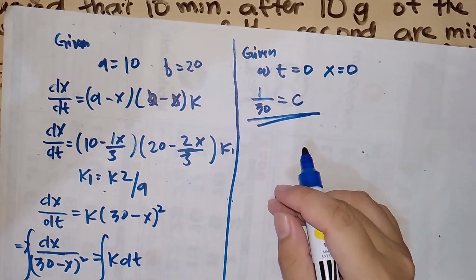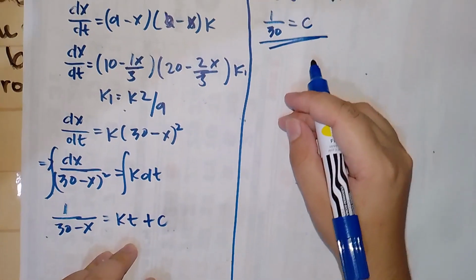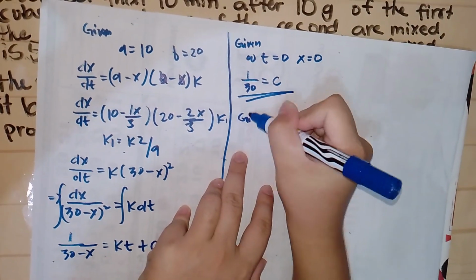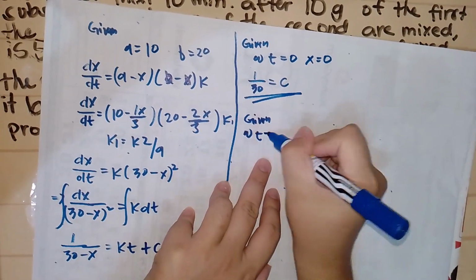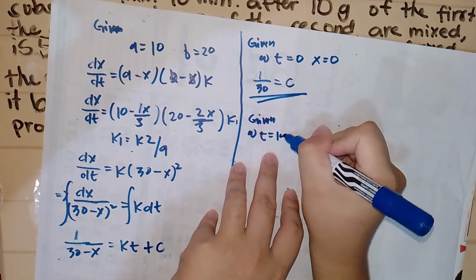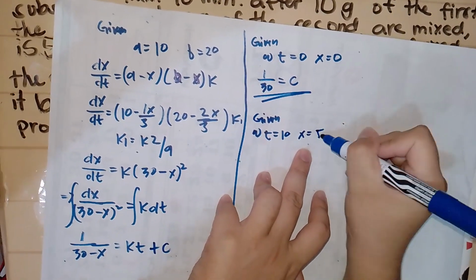Next, we have to get the value of k, given that at time t equal to 10 minutes, the value of x is 5.